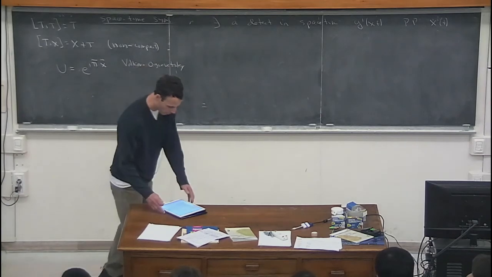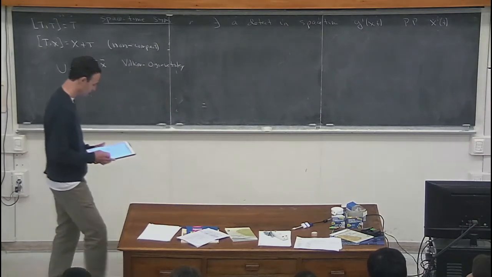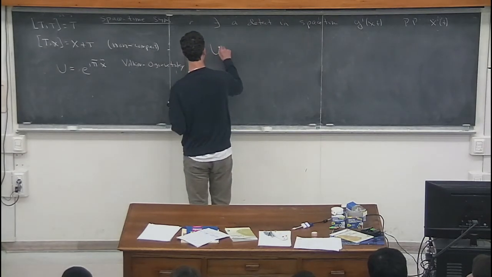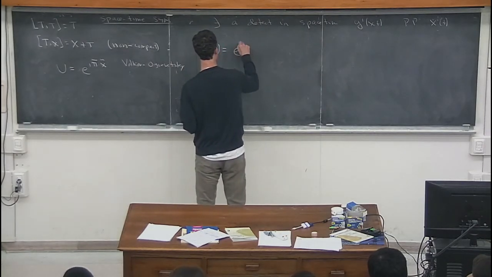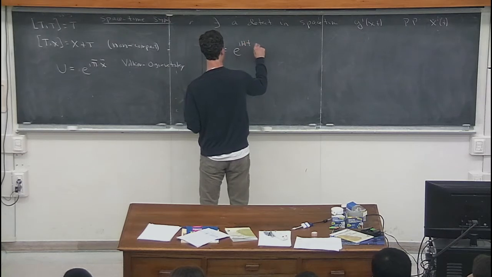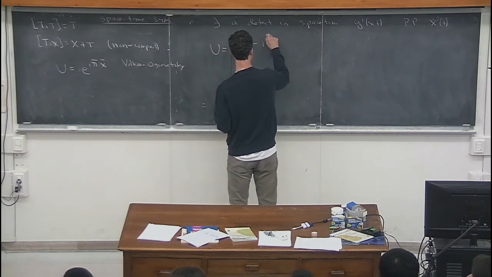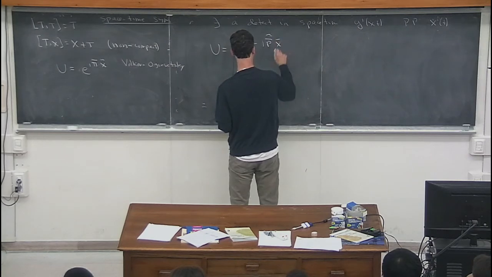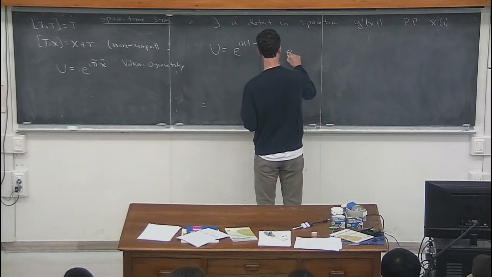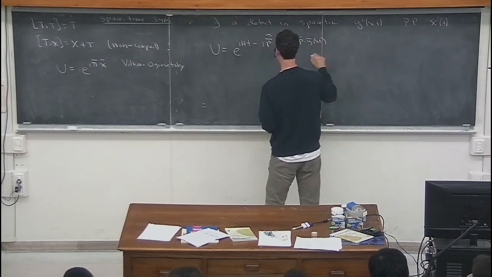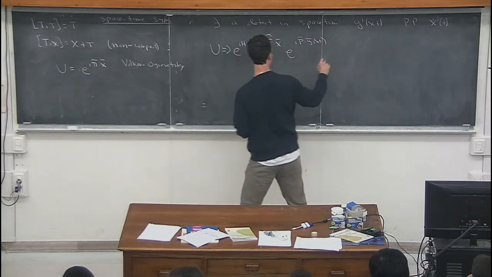So what Volkov and Akulov told us to do is we now have to parameterize our vacuum in the following way. So let me put an arrow here.